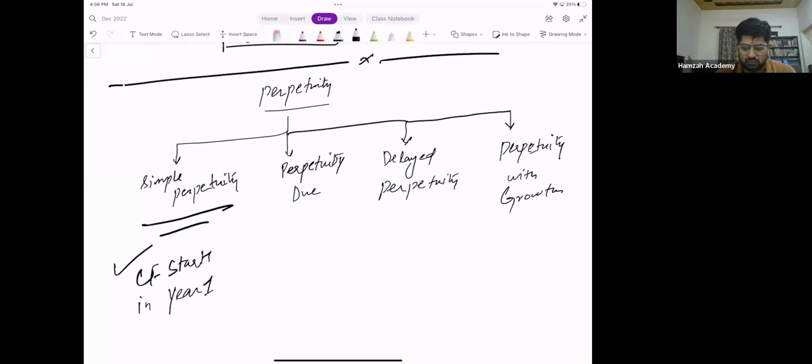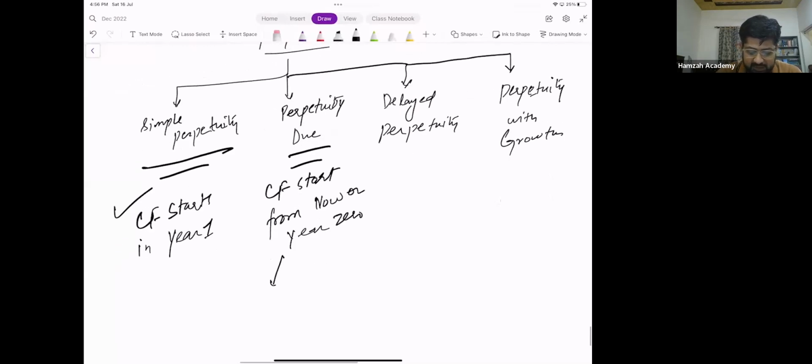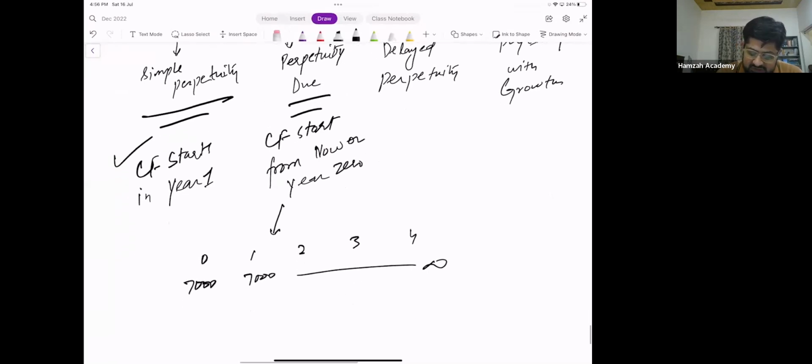Perpetuity due, where cash flow starts from now or year 0. Just see here, example. Year 0, 1, 2, 3, 4. You are getting 7,000, 7,000, and so on. Same logic.